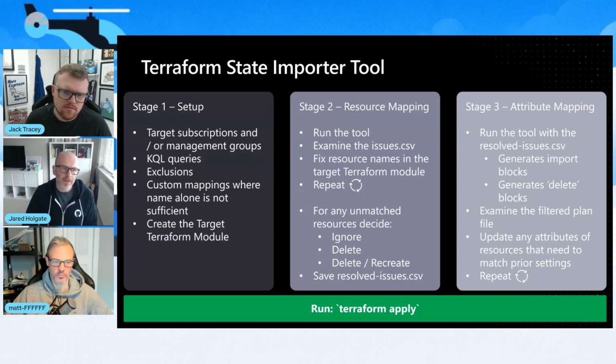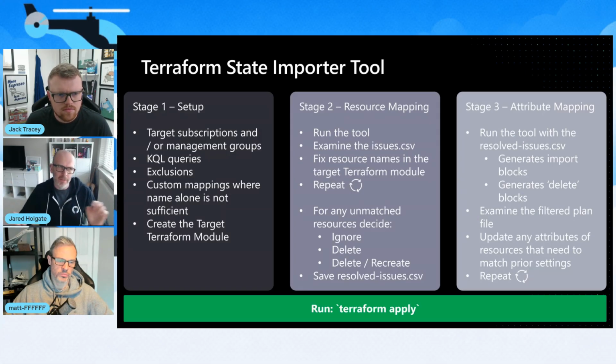That CSV file will have anything that it hasn't been able to match. There are different types of things where it hasn't matched. Either it's not found anything at all, or it's found multiple of those things. It would be either in the Terraform it's not found a match, or in Azure it's not found a match.